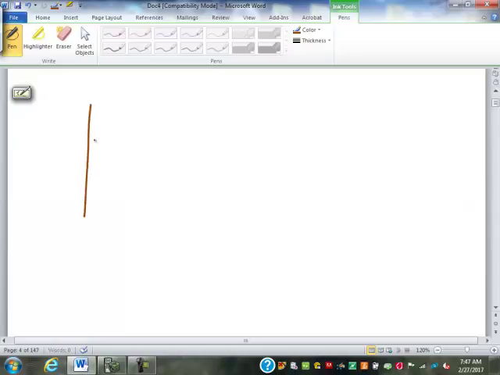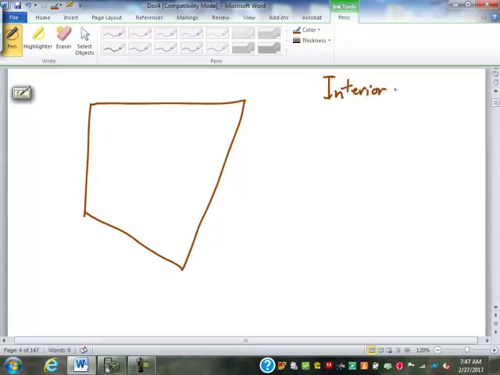If I have a figure that's more than three sides, more than three angles, we mentioned that the way we find the interior angle sum, there's two different ways we can do it.